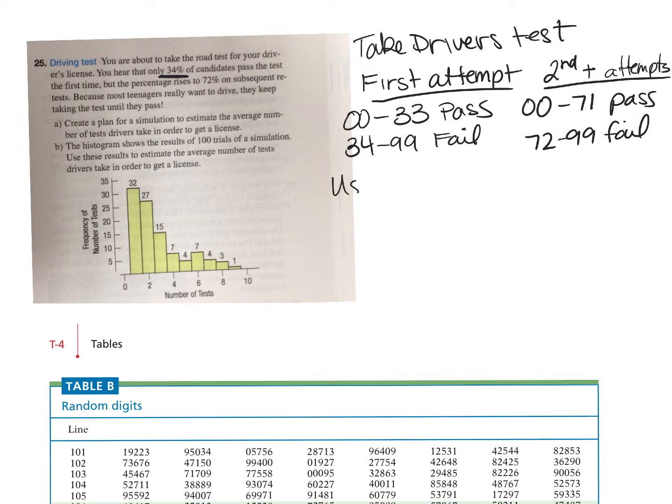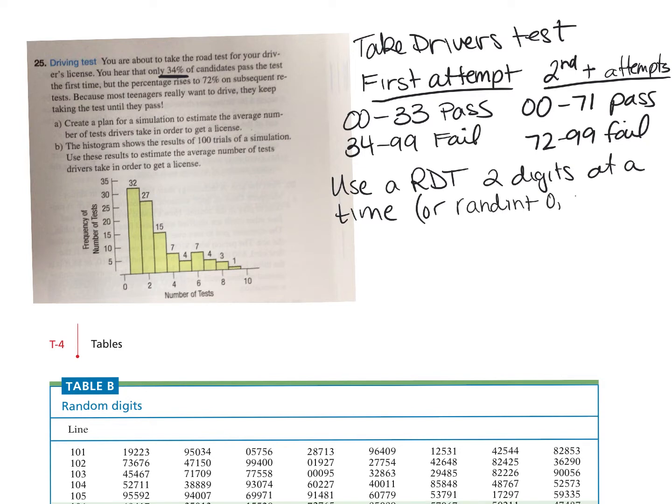Okay, so we're going to use a random digit table, 2 digits at a time. Or use randint 0, 99. If the first test is a pass, trial is over.